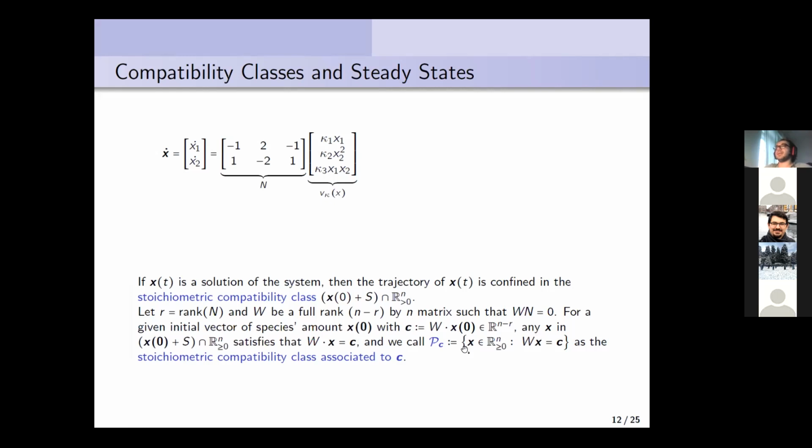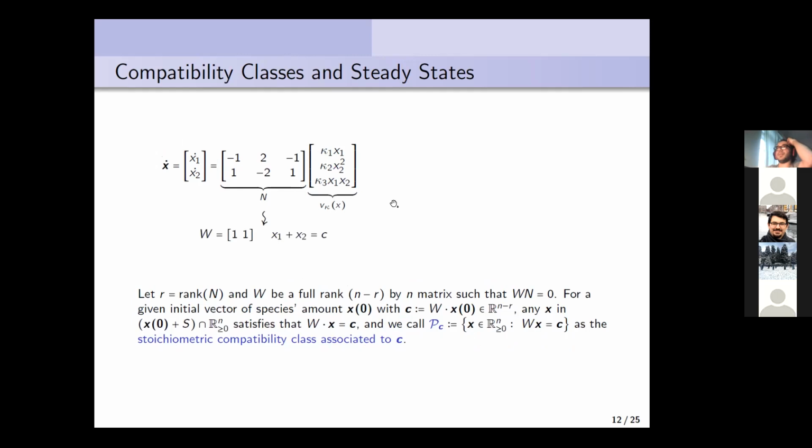But if you take any other x_t in this stoichiometric compatibility class and plug it in, the multiplication of this new x with W again has to be c. So the initial vector of species gives you some c in R^(n minus r), which one can use to identify the compatibility class associated to this initial species amount.